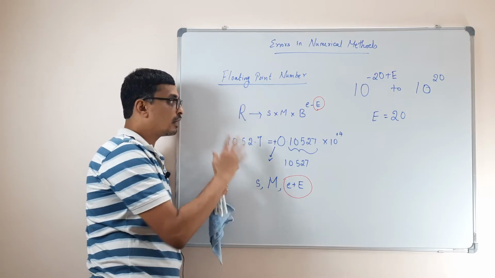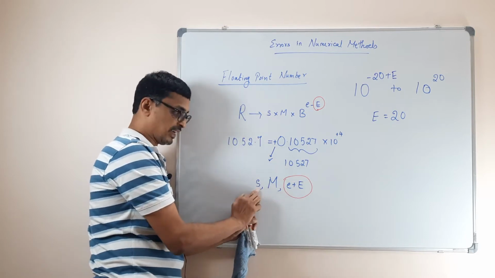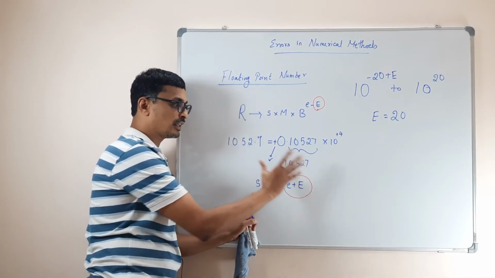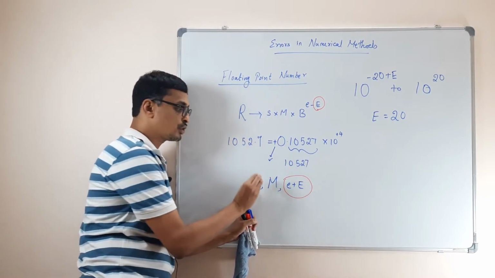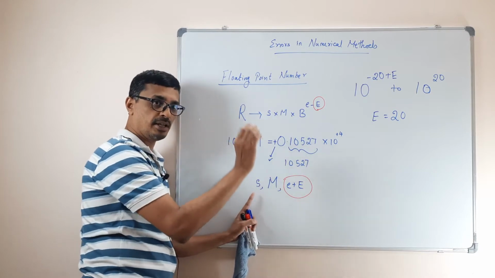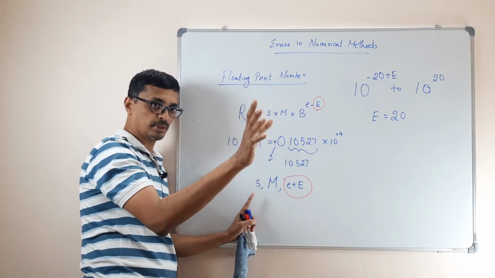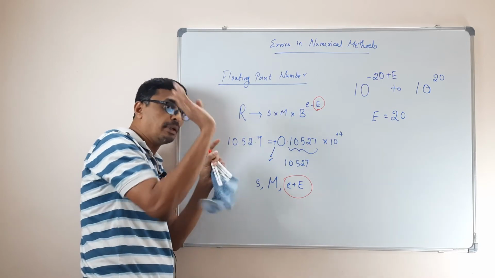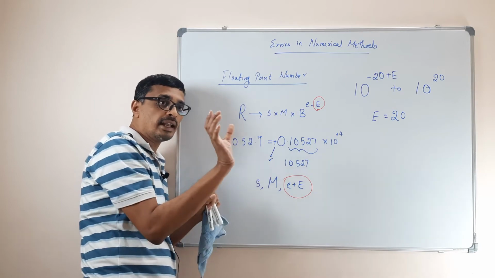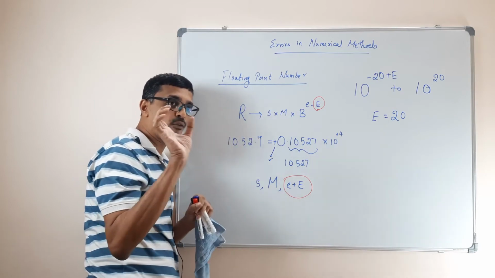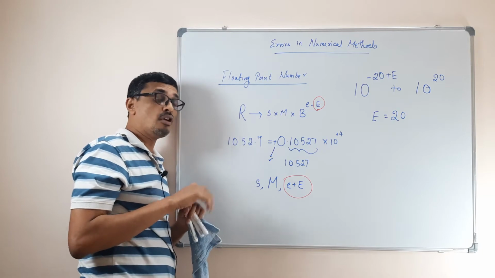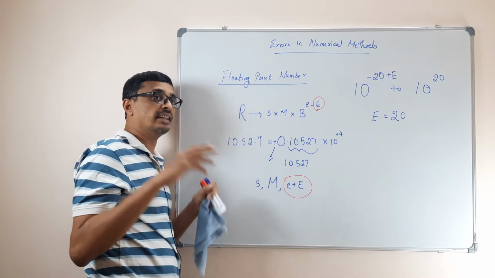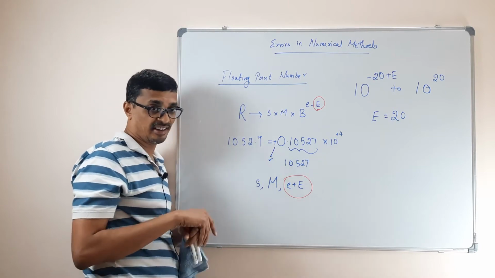The computer allocates one bit for the sign, a certain number of bits for the mantissa and a certain number of bits for the exponent. A real number is stored in these three. Let us say the sign is only one bit, I have allocated x bits for the mantissa and y bits for the exponent. Now, among these x and y, what decides the smallest and the largest number the computer can handle?